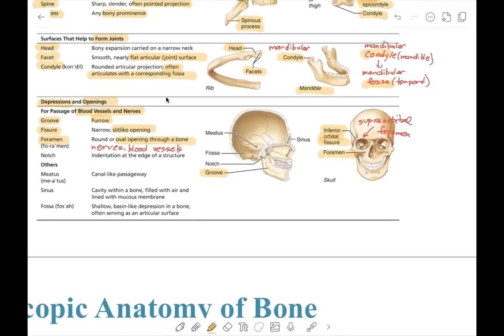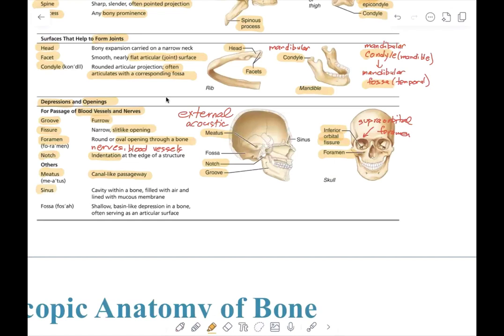The notch is an indentation in the edge of a structure. And there's others like meatuses, which are canal-like passageways. The most common meatus is the external auditory or the external acoustic meatus.